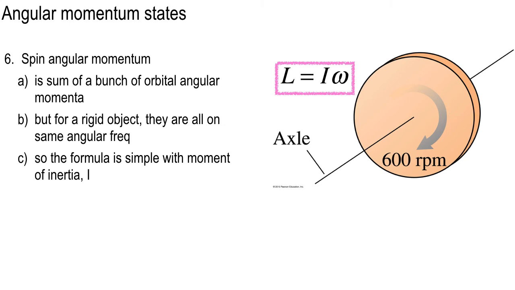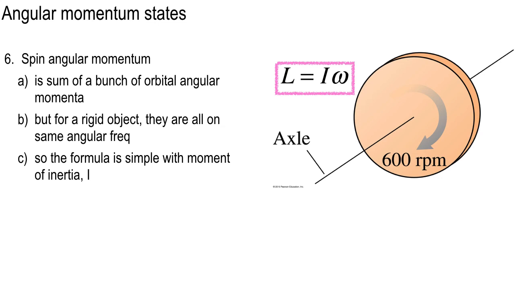And in Chapter 5, you will learn about the moment of inertia, symbolized capital I. For a spinning object, like this millstone, there is a fixed value for the moment of inertia. The moment of inertia, capital I, is like the rotational analog of mass. But it is defined in a very unusual way, but it works out really nicely. And you'll be able to read about that in Chapter 5.